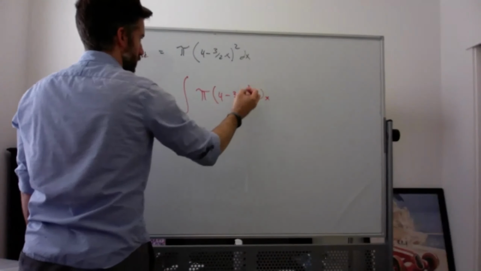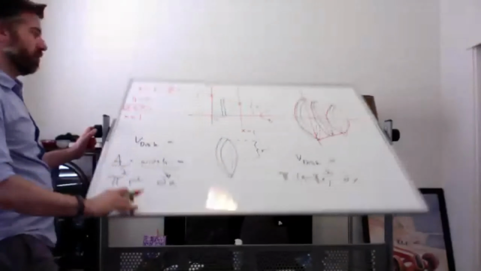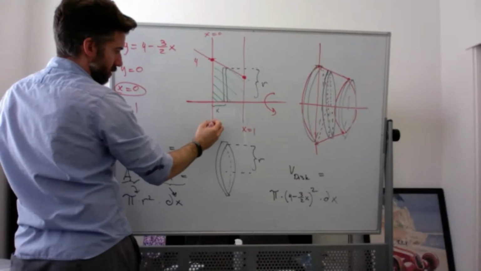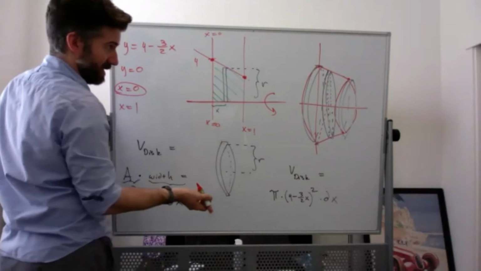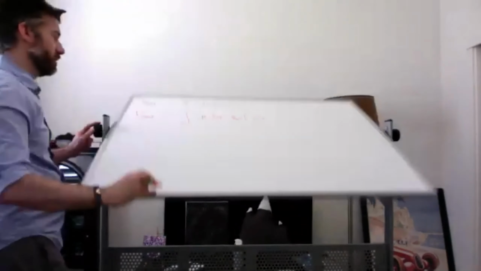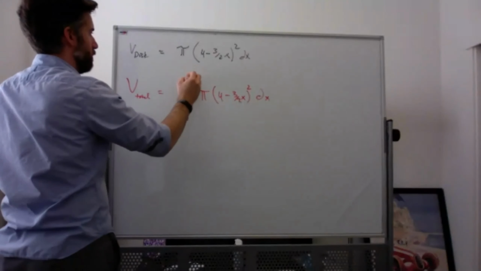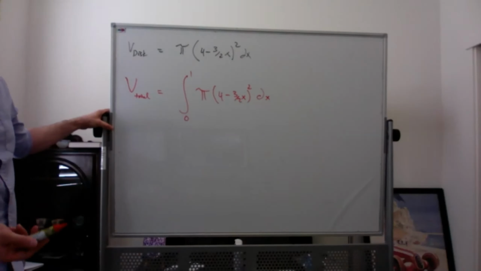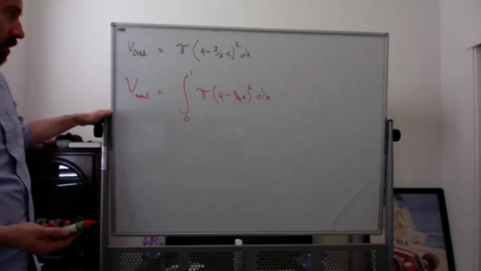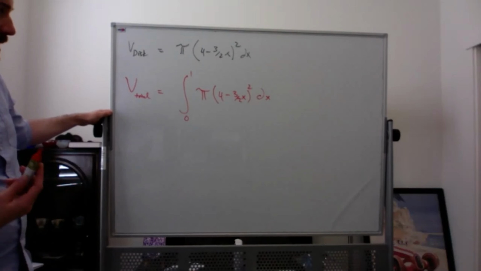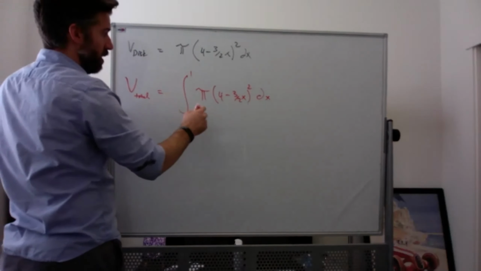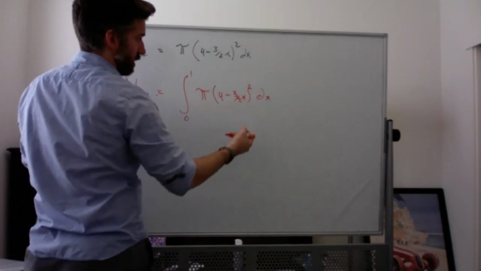And I'm adding up from as far left as x equals 0 to as far right as x equals 1. So that's how we set up the integral to find the volume. We are adding up all the areas of the disks, so we're integrating from x equals 0 to x equals 1 of pi times the radius squared dx.